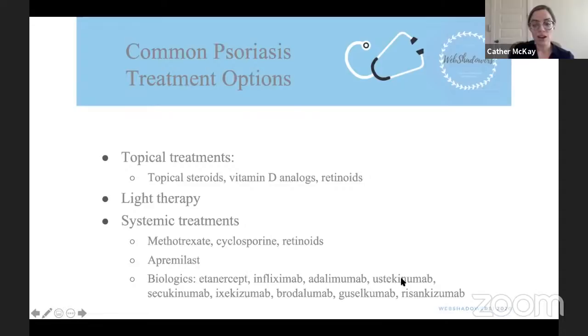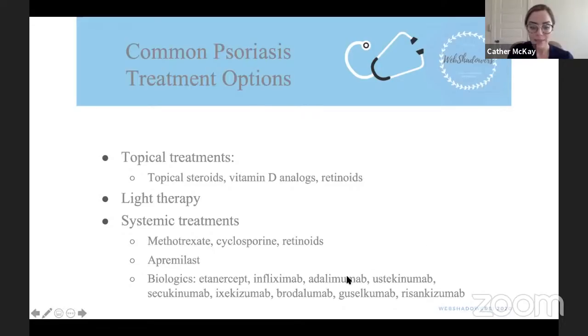And then there's a long list of biologics, and these are the ones that are approved for skin, and some of them are also approved for joints, but really you're targeting both because the inflammation is really the same.